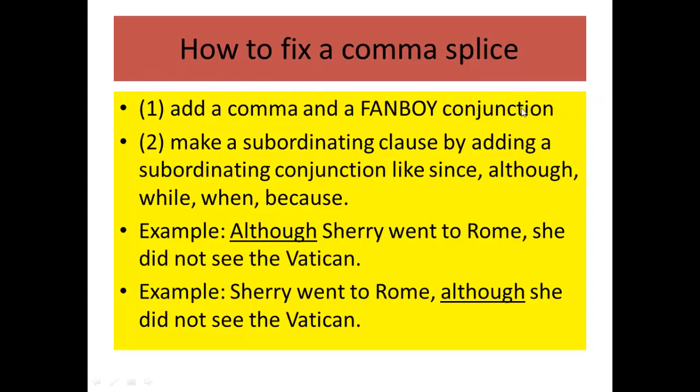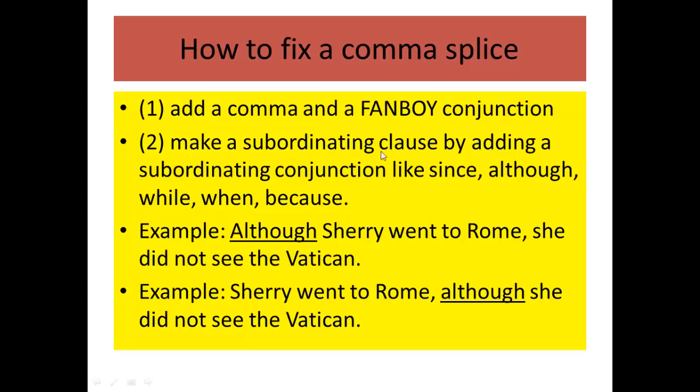Okay, now, there is another way that you can avoid a comma splice. And this is more sophisticated, and it's a higher level skill. And if you can do this without making a mistake, you are going to get up into the 30-point level for the TOEFL or the band 9 level for the IELTS. This is what they're looking for, this kind of sophistication.